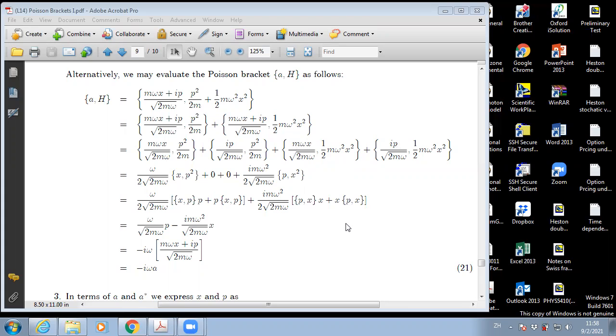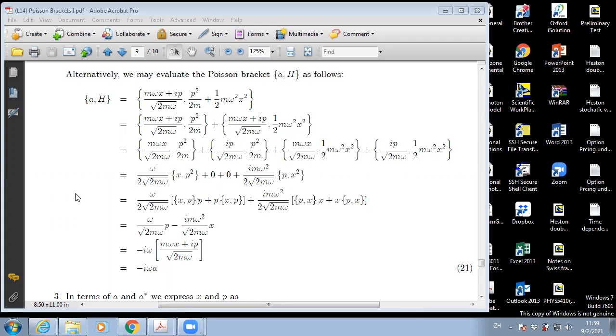The remaining 2 terms are related to each other as shown here, and we can combine them together and find that the final result is equal to minus i omega A. This is the exact result as shown before, but here we apply the arithmetics of Poisson brackets rather than the definitions. So you can do either way. Both of them are equivalent.